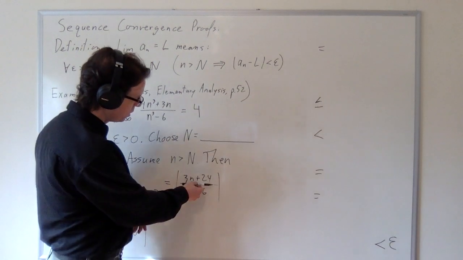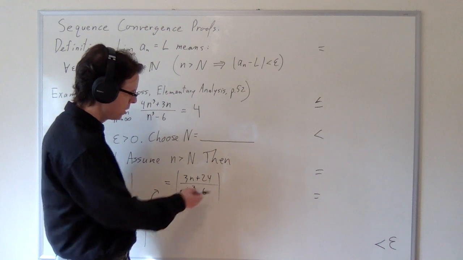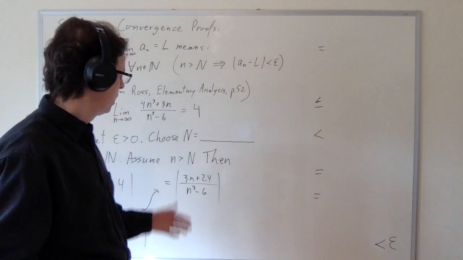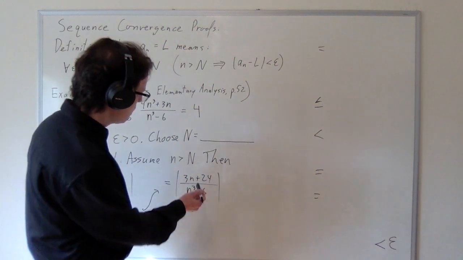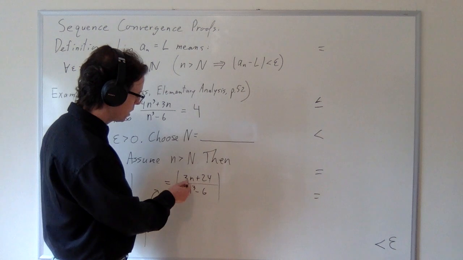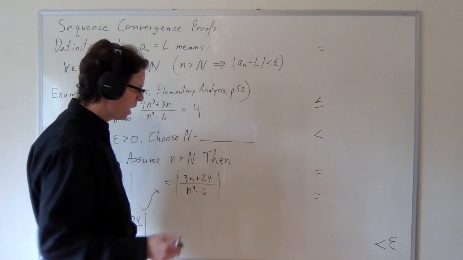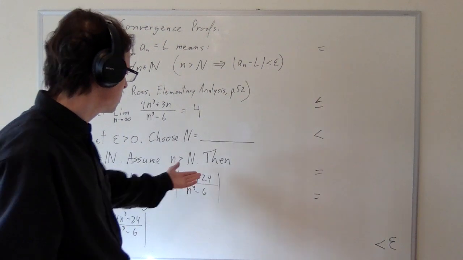The basic problem here is that the behavior of the addition and the subtraction on top and bottom and the behavior of the division kind of don't play well and don't simplify each other very well. So it would be nice if this 24 was the kind of term that could combine with this 3n. Now, right away, we have an option for how we can get these terms to combine. We can change the 24.